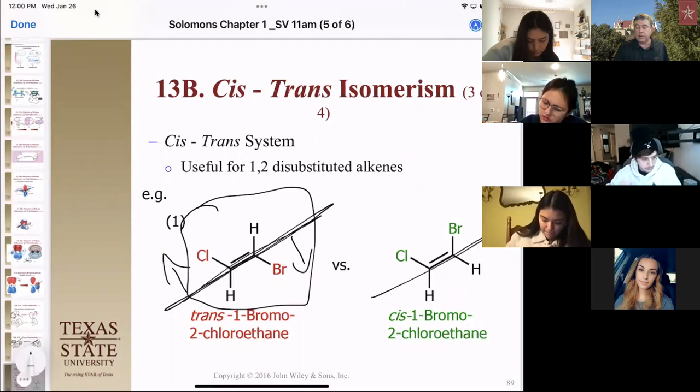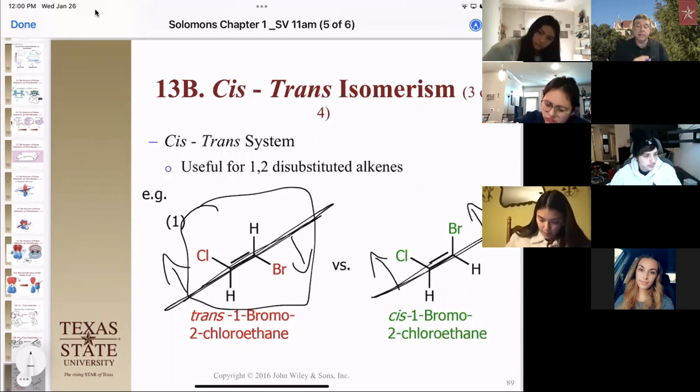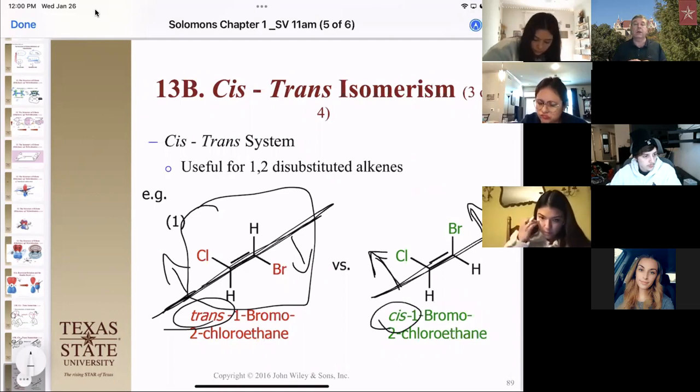Or you can draw it this way, right here. Which one's right? Well, they're both right, but now because they're on different sides, you have to be very specific about your nomenclature. And in this case, where they're on opposite sides, we call that the trans bromochloroethane. And if they're on the same side, we call that the cis bromochloroethane.